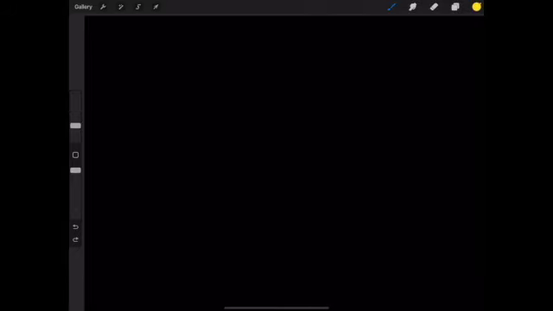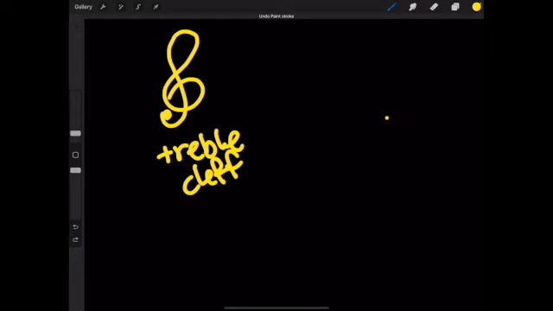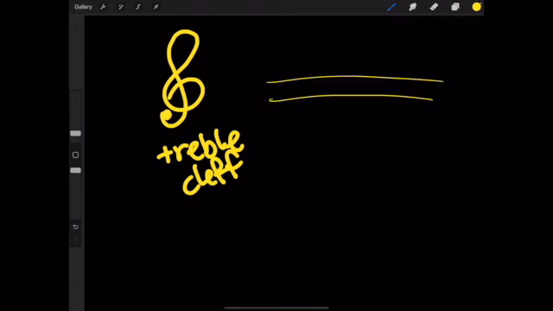We're going to start with our clefs, reviewing our clefs. So here we have our, when you see this, what do you say? Oh geez, I'm in trouble, right? Trouble, or treble clef. It tells us where the G is, right? And when we draw this clef on the staff, it looks like this.